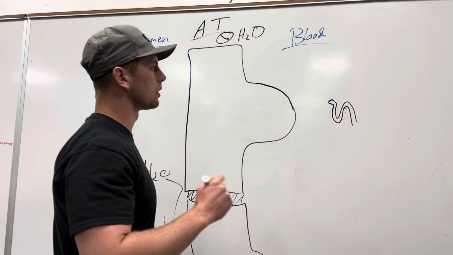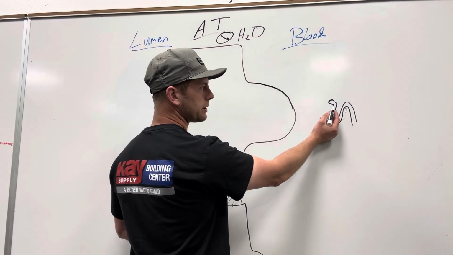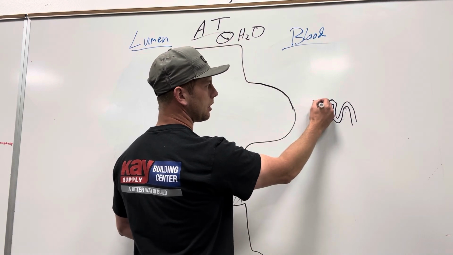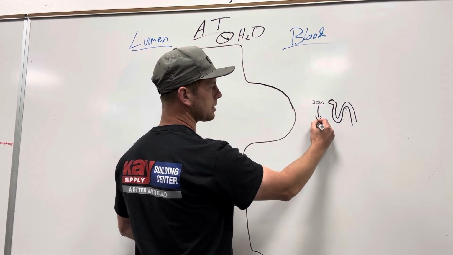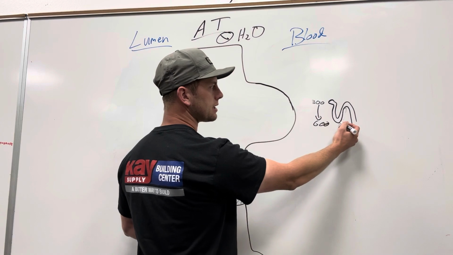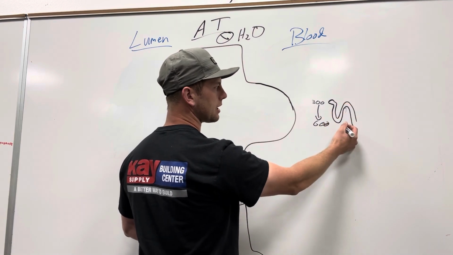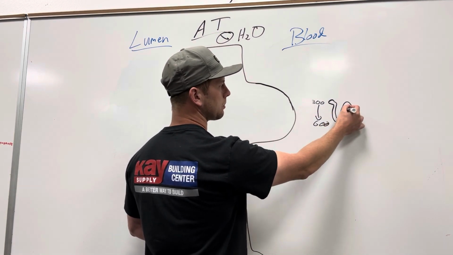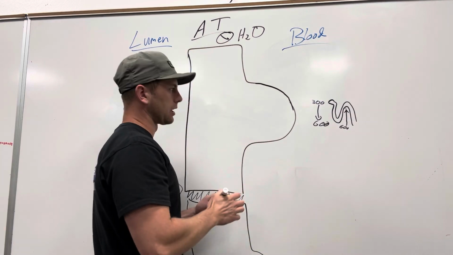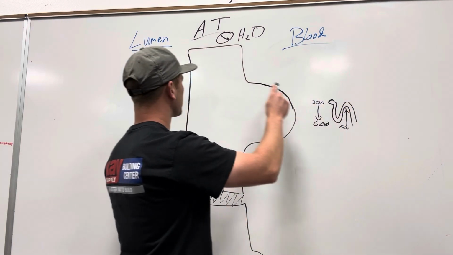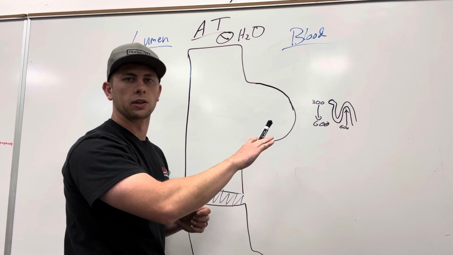Also, you notice as we went down, our osmolarity went up to 600. We're going to see as we go back up the ascending, that 600 is going to fall again, because in our ascending we're going to transport a bunch of solutes.